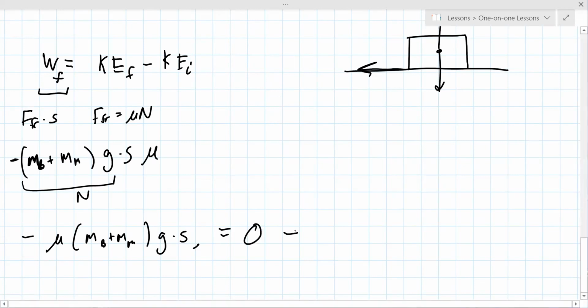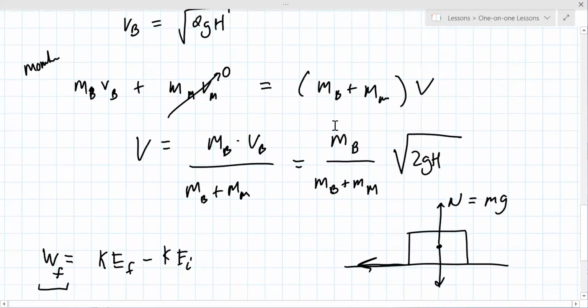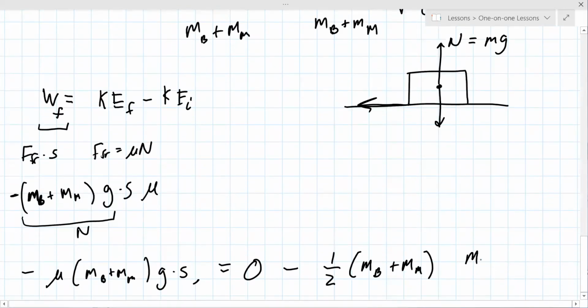The initial kinetic energy is 1/2 mv squared. So it's the mass of the block plus the mass of the magnet, times the velocity we just found, which is mB over mB plus mM times the square root of 2gH, all squared.